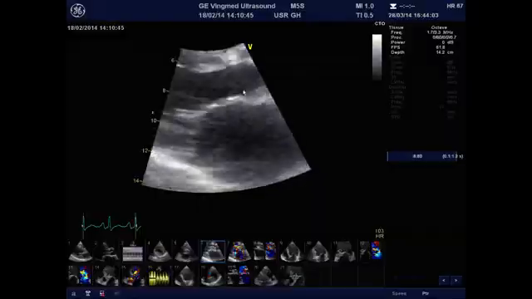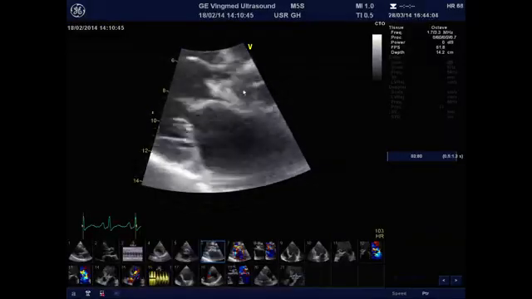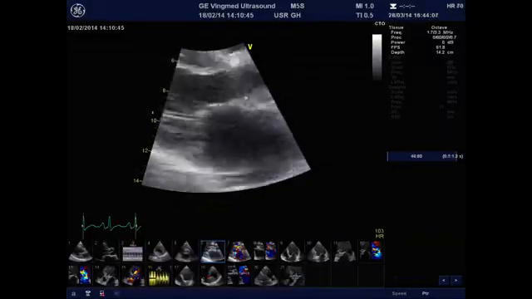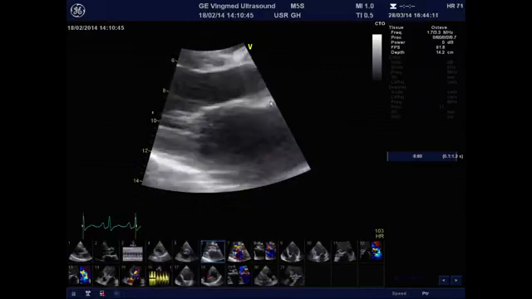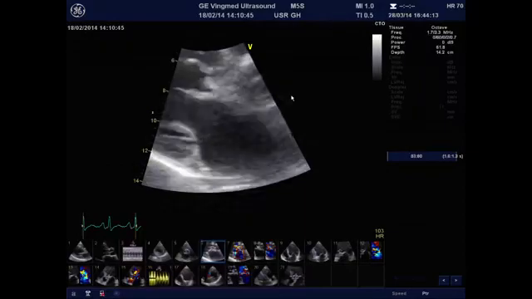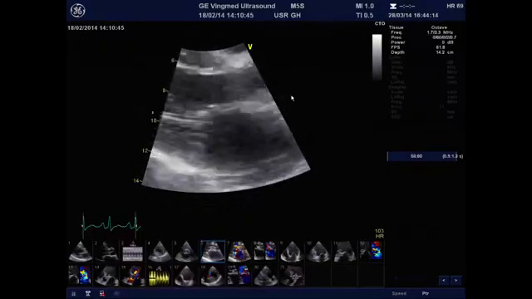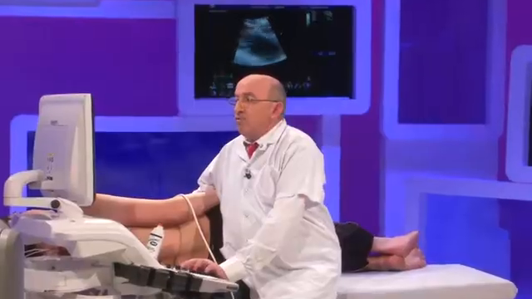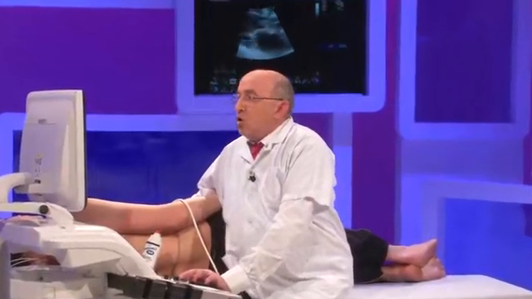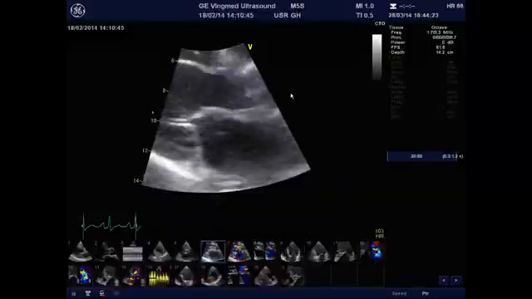So in this case, we can suspect infective endocarditis, and we can zoom on this zone and look at this abnormal mass moving in the left ventricular outflow tract. The definition of a vegetation is a mass that is mobile, with a mobility independent of that of the valvular structure on which it is attached.